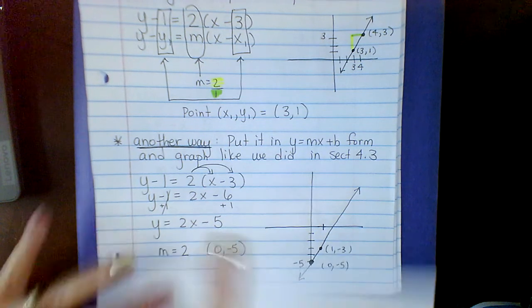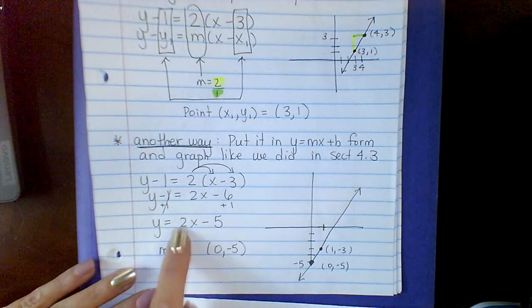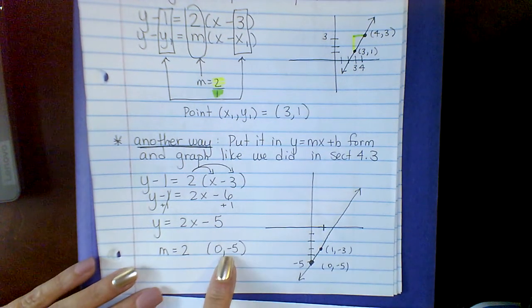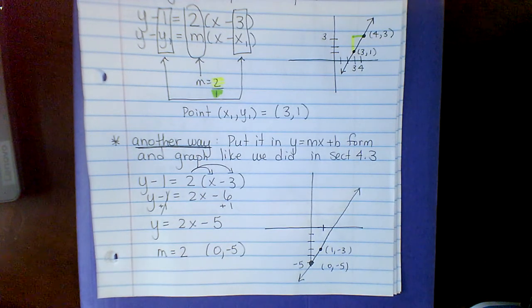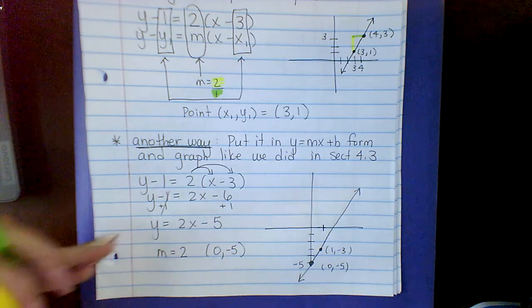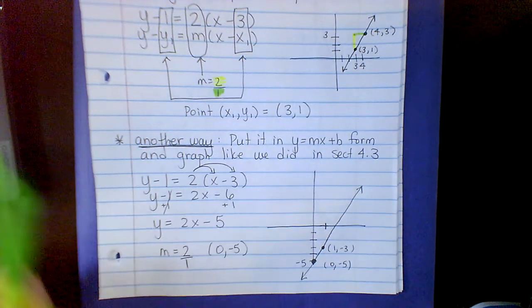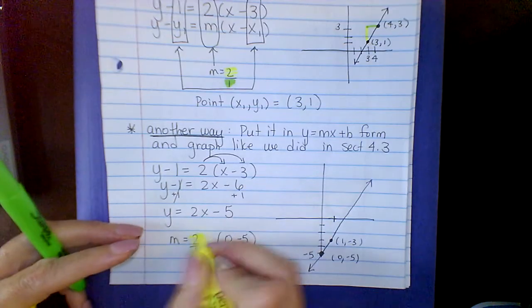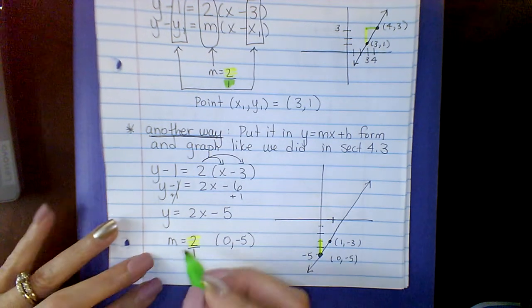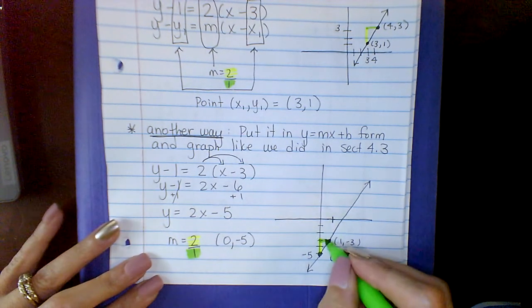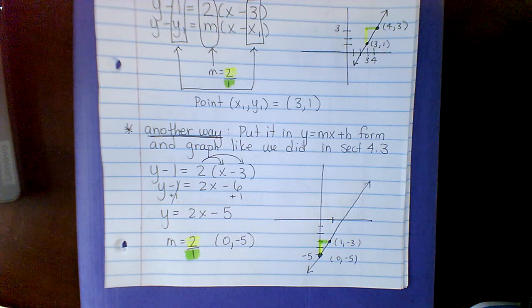then you can continue on the way we were doing it before, right? We got slope, we got a y-intercept. Grab my highlighter here. We got that same slope of 2 over 1. That's an up 2 right there. And that's to the right 1, which is right there. So it's the exact same line.